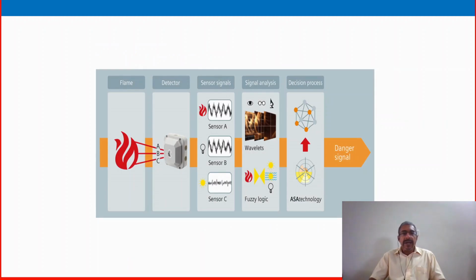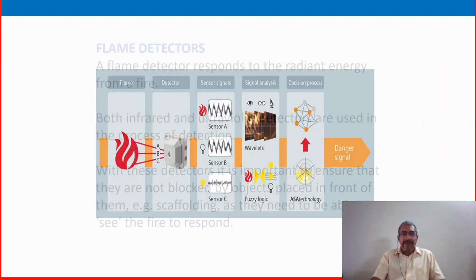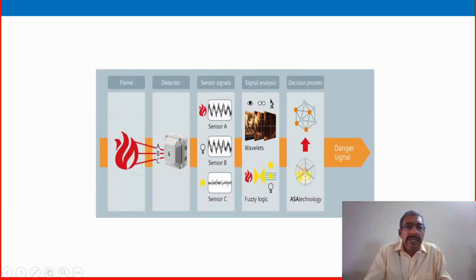This is a simple pictorial representation of how a flame detector works. See the flame area and the detector with sensor A, sensor B, sensor C. That is a signal, and the signal is analyzed using various logic like fuzzy logic, wavelet and decision process.